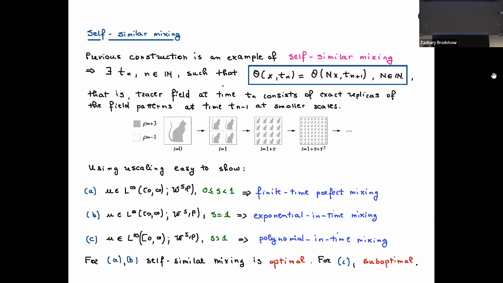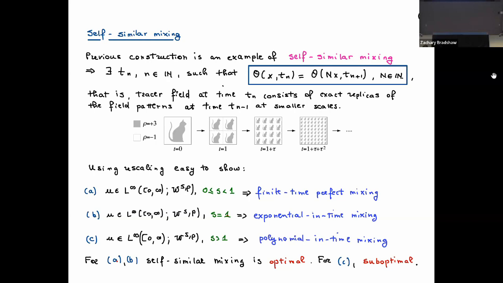Okay, and so what you observe is that if you are in case A, that is, you control the Sobolev norm for s less than 1, for example, the energy norm, then in fact you get finite time perfect mixing with a bound that you can compute. So you get in fact a linear bound in the case of energy.